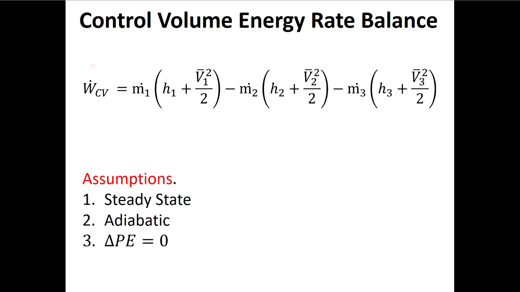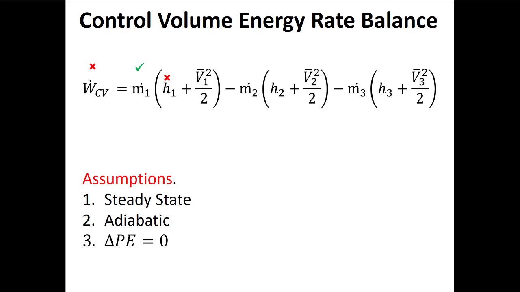Now I want to take stock of the variables. Do I know what they are or not? That'll help me understand if I'm ready to solve the problem, because ultimately I want to get to a point where I have the same number of equations as unknowns. I don't know the power. I do know the mass flow rate at 1, because we solved that before.